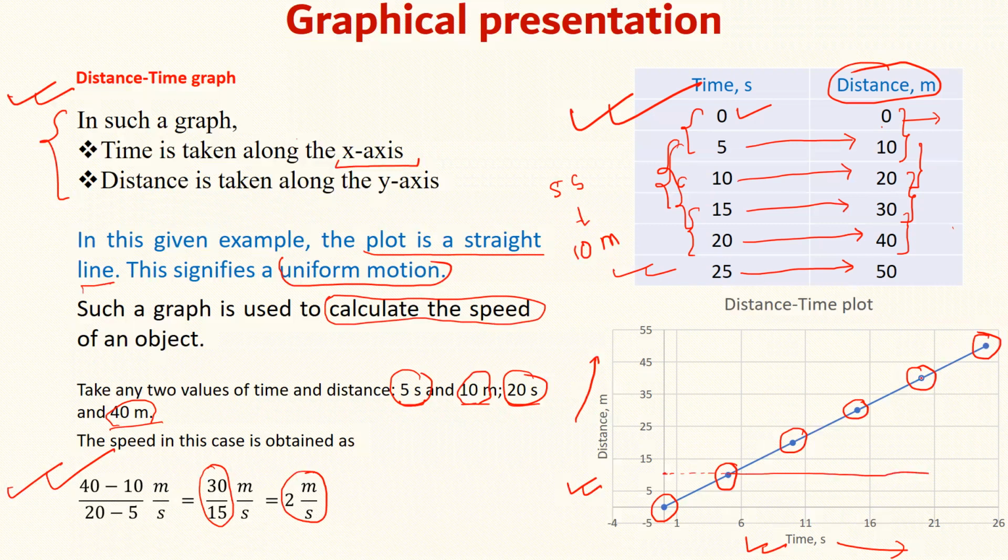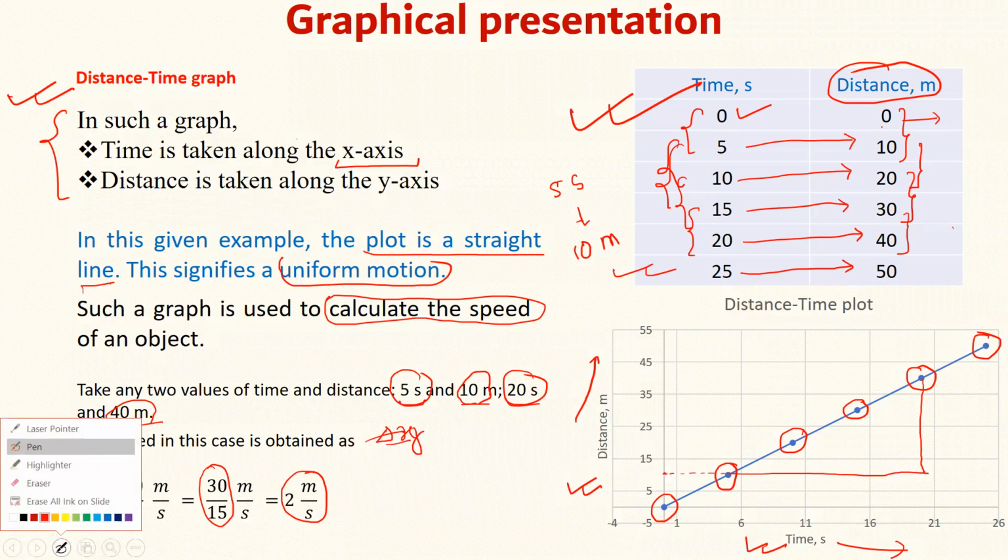It will not be a very good looking straight line, but suppose we have drawn the slope. What is the slope? The slope is the change in value along the y-axis divided by the change along the x-axis. Okay, I have erased it.